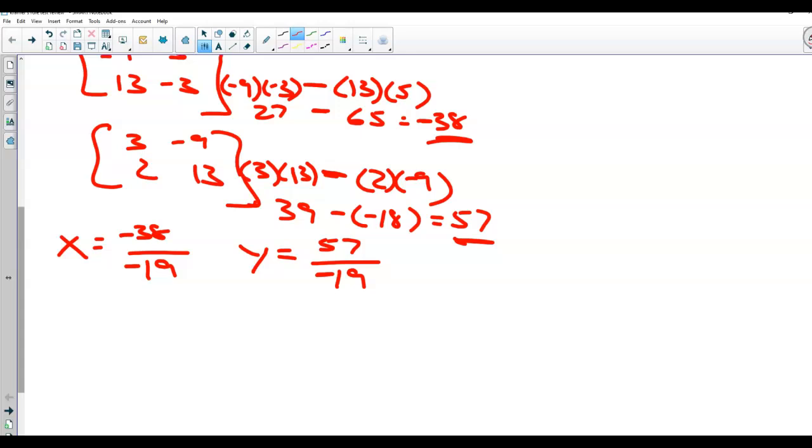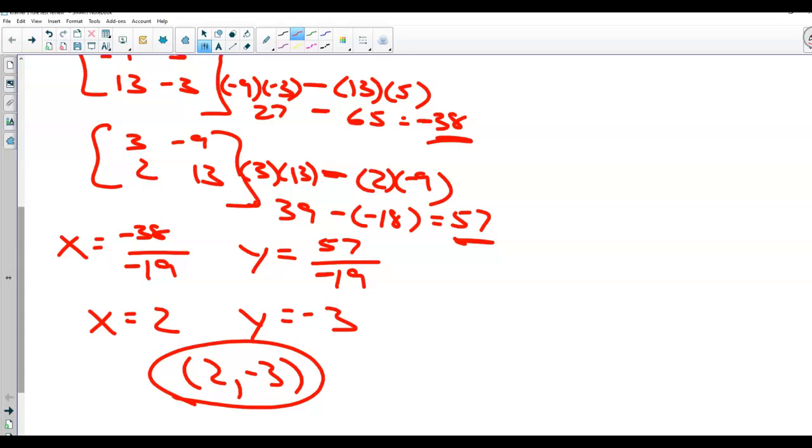The y coefficients are replaced by negative 9, 13, and we get a determinant of 57. So negative 38 over negative 19, that's 2, and that's negative 3. So 2, negative 3 is my point.